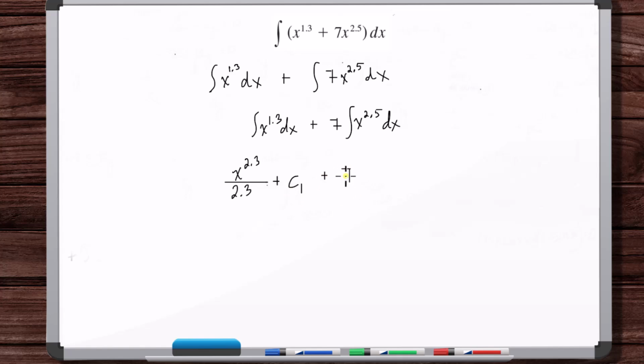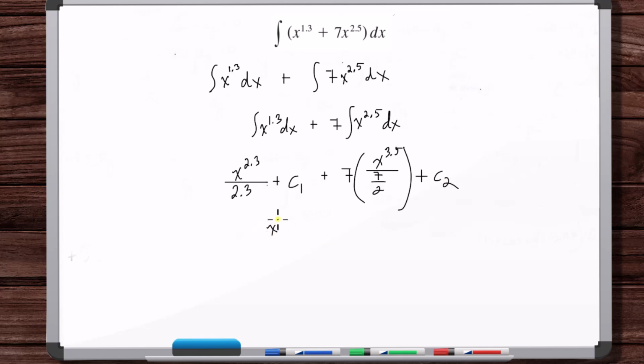Okay, plus 7 times, so we do x to the 3.5 divided by 3.5. And what we can do is, 3.5 is 3 1/2, that's 7 halves. Okay, now plus C2.